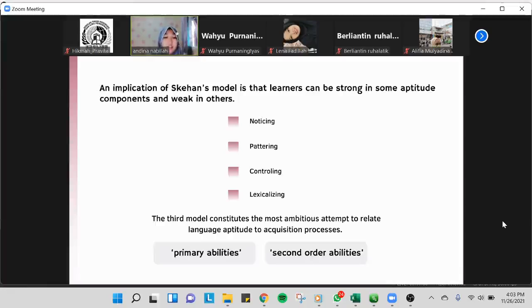The third model constitutes the most ambitious attempt to relate language aptitude to primary abilities and also second-order abilities. This is important because it means that learners should not be classified as simply high or low in language aptitude, but rather in terms of the different kinds of aptitude they possess: noticing, patterning, controlling, and lexicalizing.